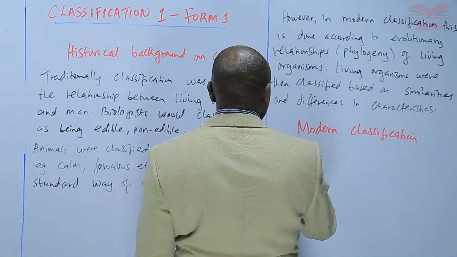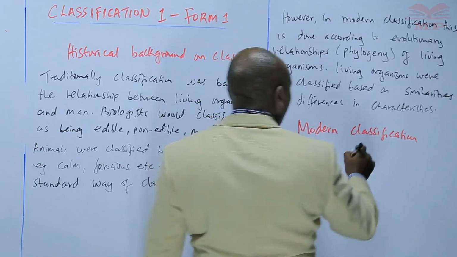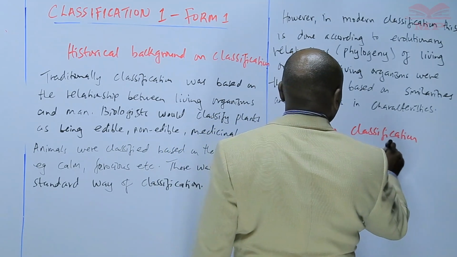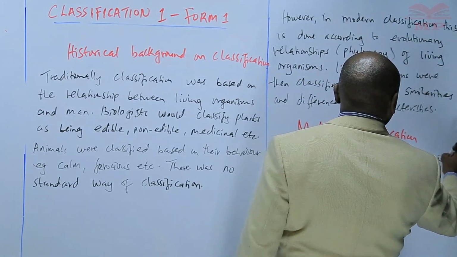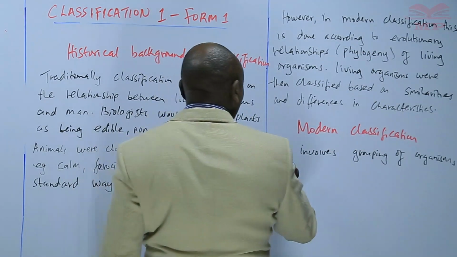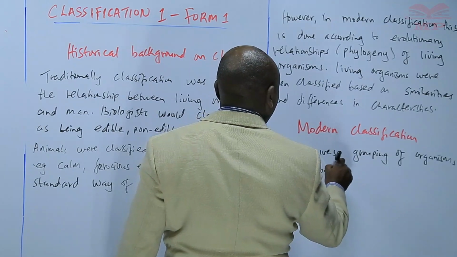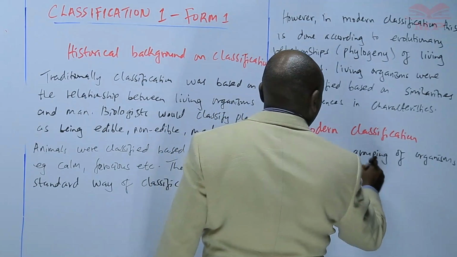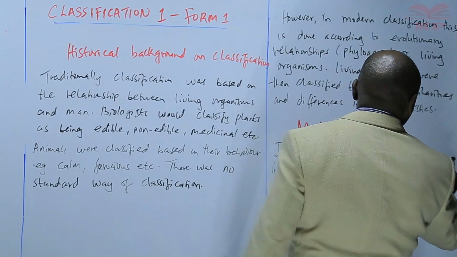So the modern classification involves grouping of organisms into taxonomic units called taxons.